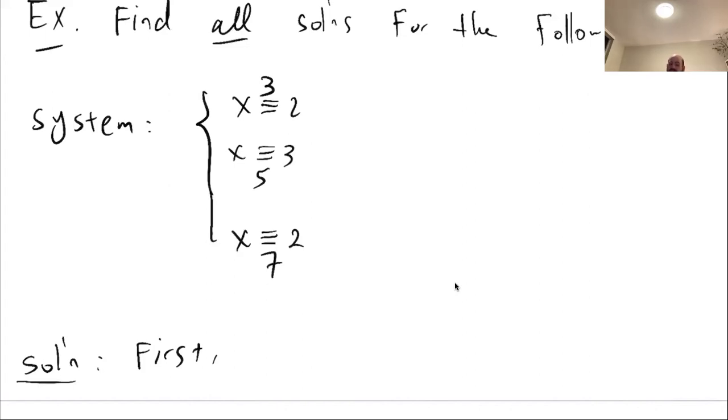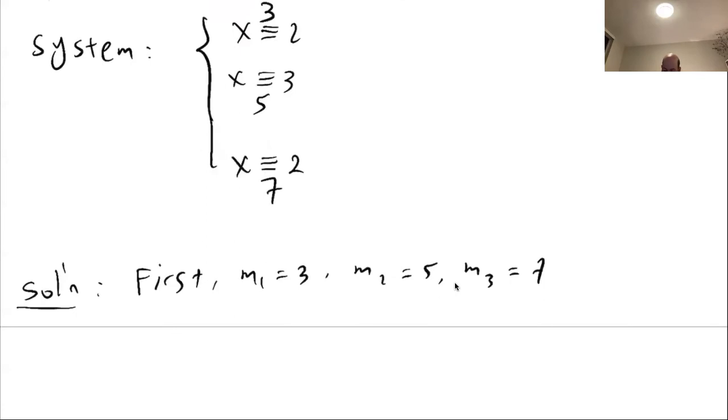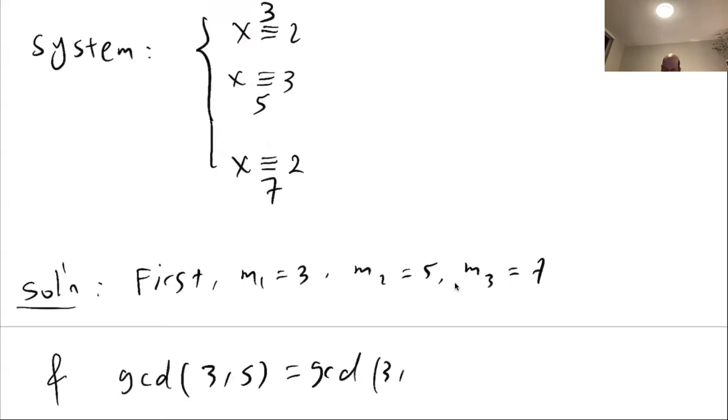The condition of the Chinese remainder theorem is that you have a few numbers m1 to mk, the moduli, and those numbers must be pairwise relatively prime. So here, m1 equals 3, m2 equals 5, m3 equals 7, and these numbers are relatively prime because GCD of 3 and 5 is the same as GCD of 3 and 7, and the same as GCD of 5 and 7, and this is the same as 1.